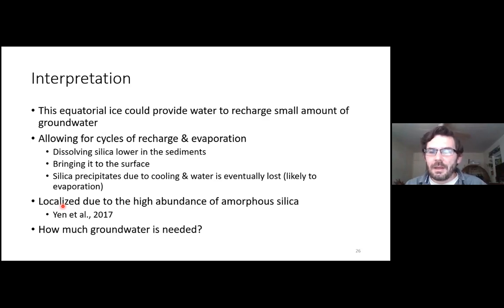We think this might be a local occurrence due to the high abundance of amorphous silica at this site. This is all, we only have so much data on this. We can't say anything definitively, but if we're going to have this interpretation, there's the question of how much water this would actually require.